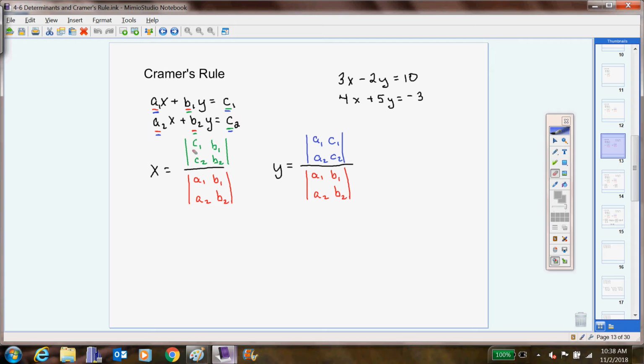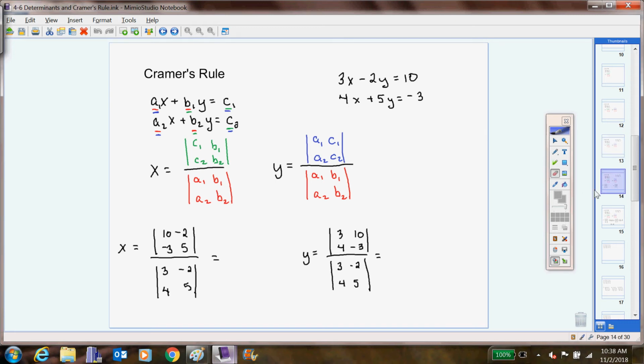Our numerator here, to solve for x, would have our 10, -3 in here. And you'd have your -2, 5 in here. Here we would have 3 and 4. And here we would have 10, -3. Solving for x and solving for y, just as I just pointed out.